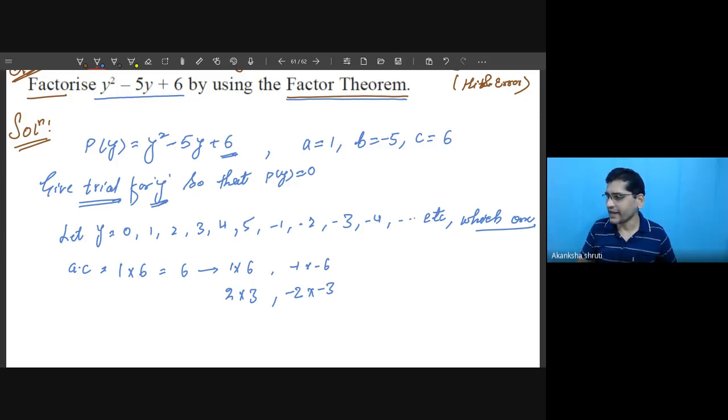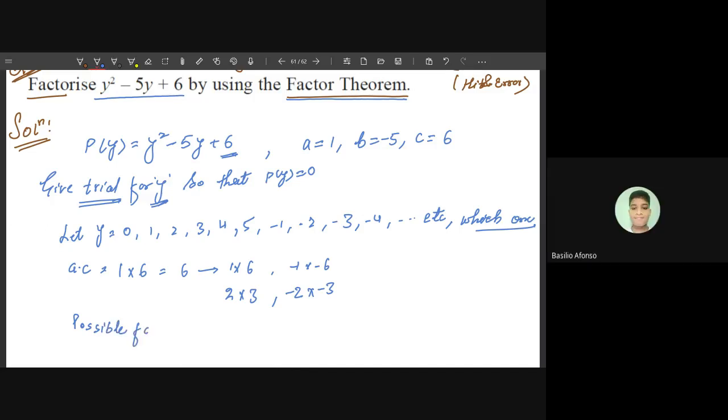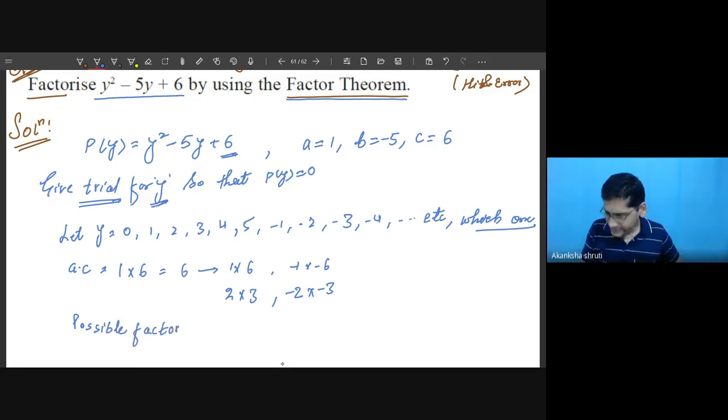If you take other factors, you cannot get it. So the factors are 1, 6, or -1, -6, 2, 3, -2, -3. So what are the possible factors? In splitting the middle term, we have to choose one pair among these.